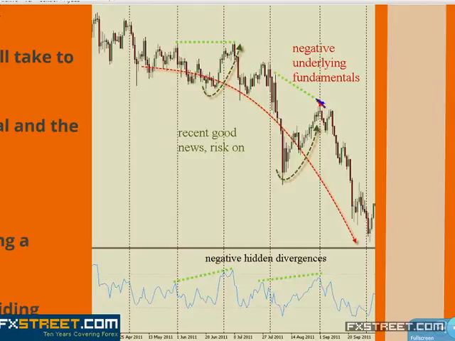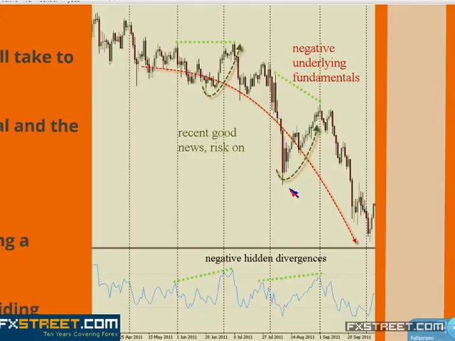So this is something that you may use in conjunction with other technical techniques or tools, but also with the overall market sentiment and fundamental data. You want to have the same perception of what the underlying fundamentals are, those which will last longer, and what is the sentiment that is overriding the market in the recent period.